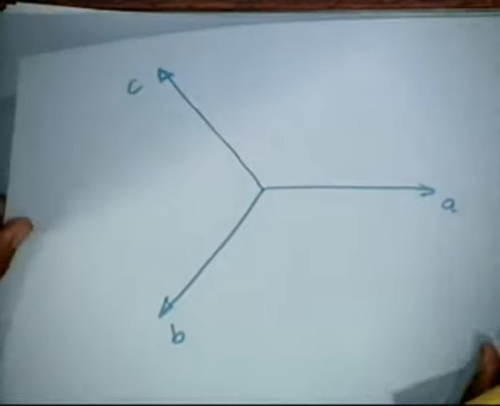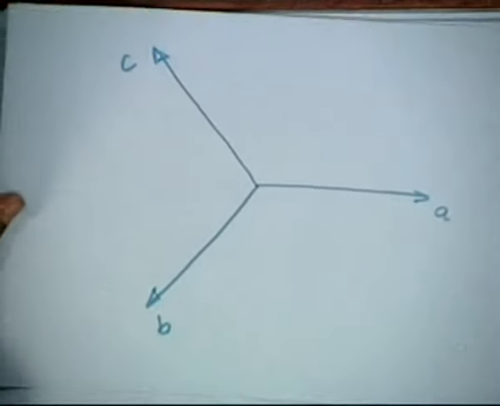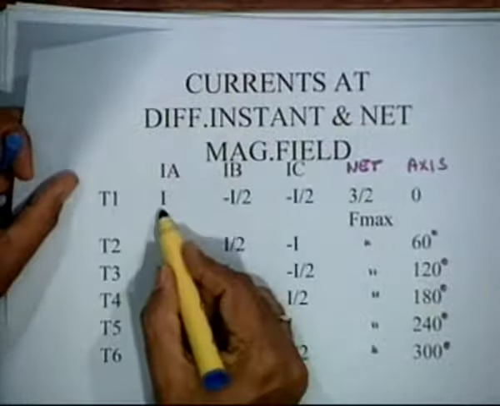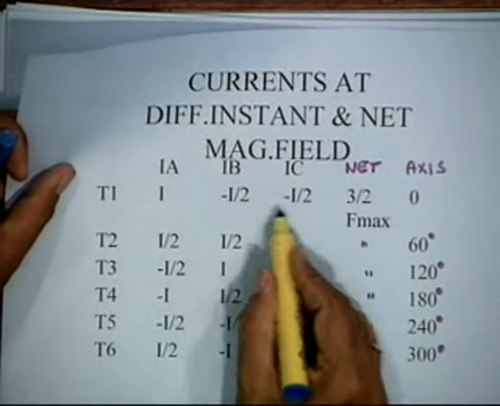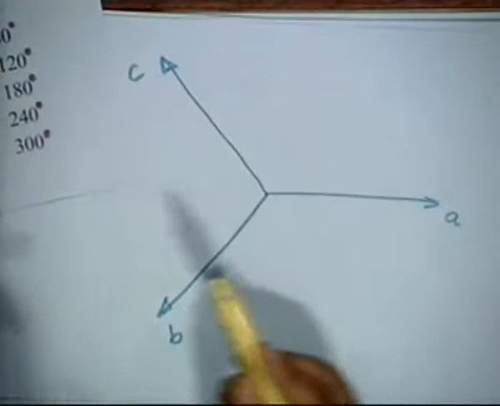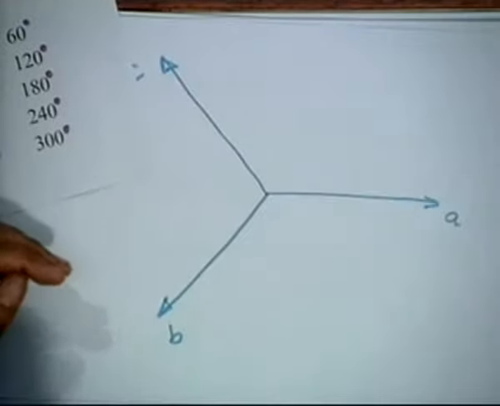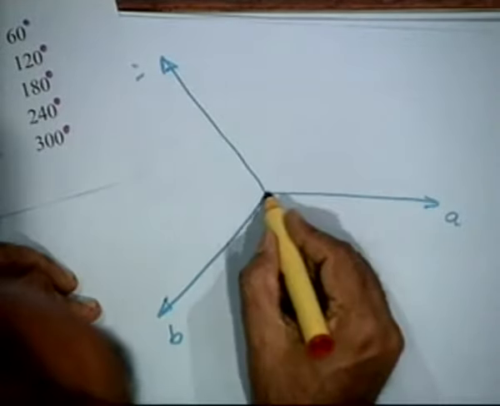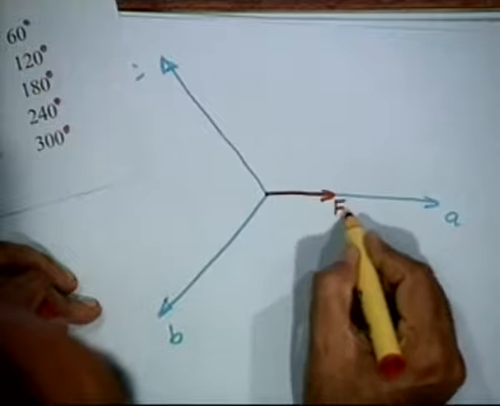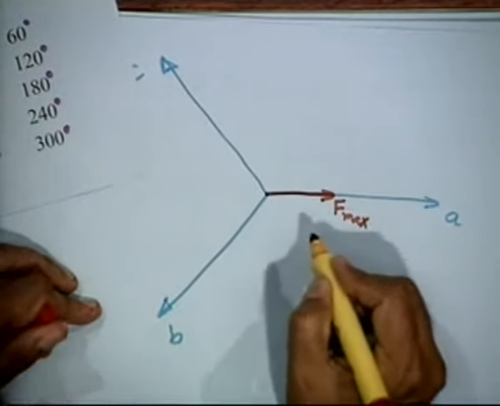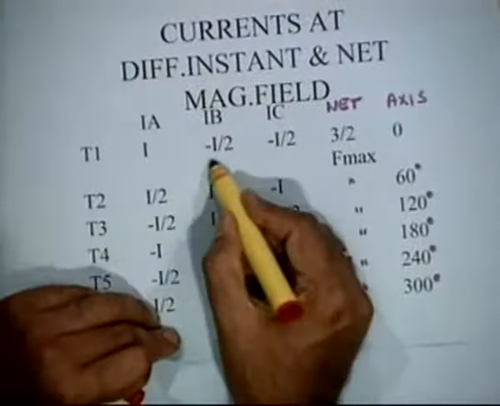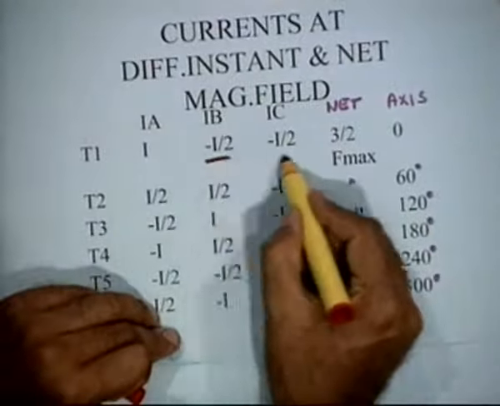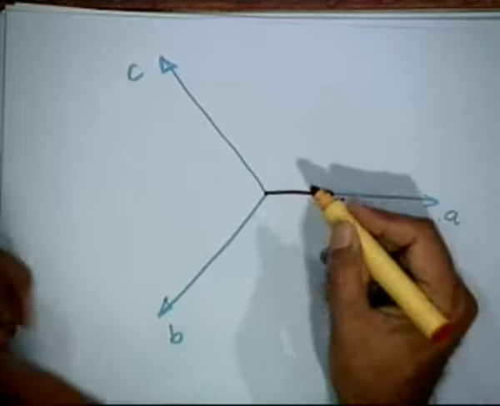So, at t1 we see A is having I, B and C minus I by 2 each. So, I means it will produce an MMF F max here, and B and C were carrying minus I by 2, right. So, minus I by 2 means it will be in the other direction, opposite to this.